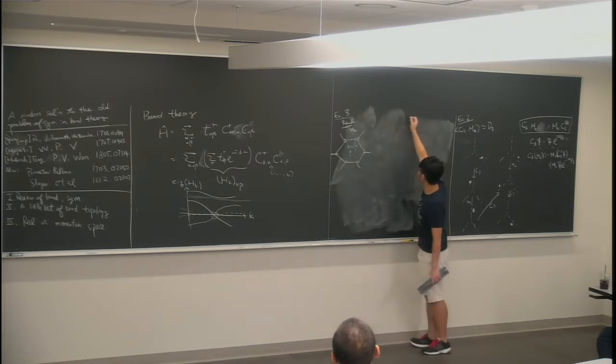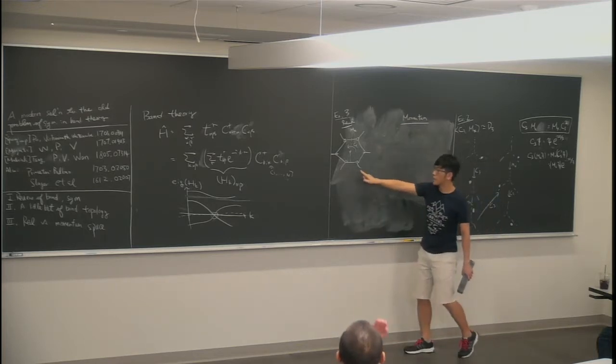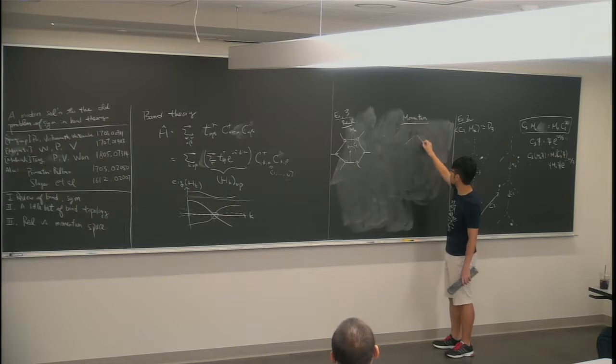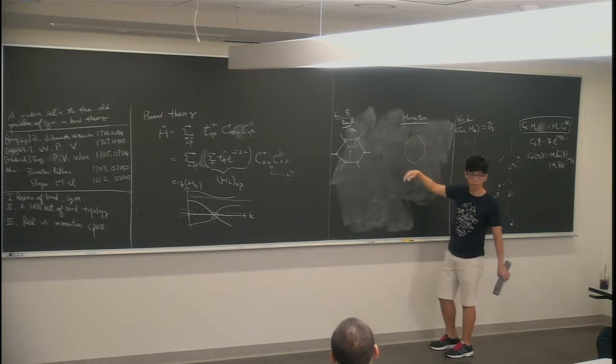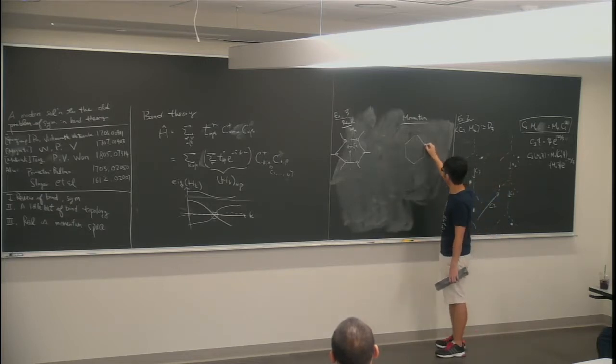And now let me look at momentum space. If I start with this real space lattice, it turns out the momentum space is rotated by 90 degrees. You just find the reciprocal lattice and disregard the rest. We know the interesting physics of graphene happens mostly at the K points and K prime points.